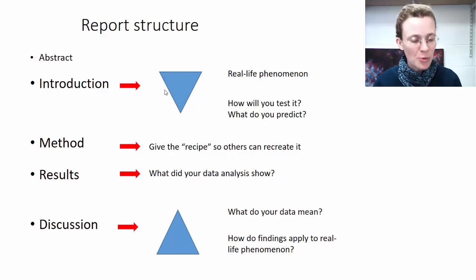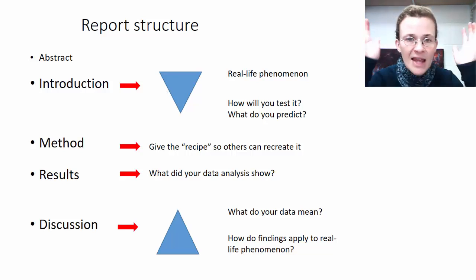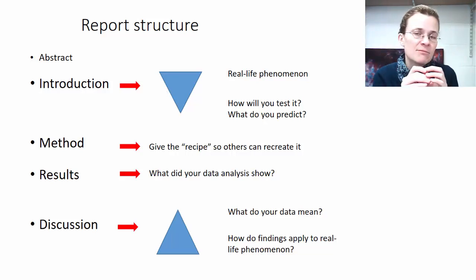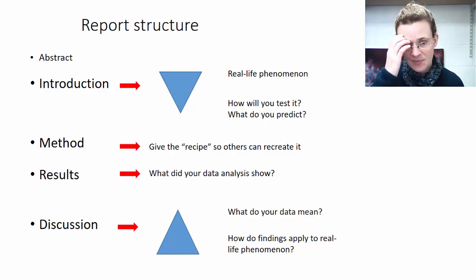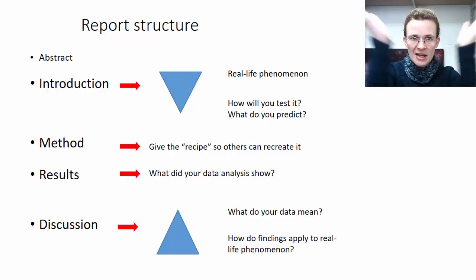They should be able to open your report and go, I understand what this is about. And it ends with something about your particular experiment, the nitty-gritty: how are you going to test this, and what do you predict? So it starts broad and then it narrows.